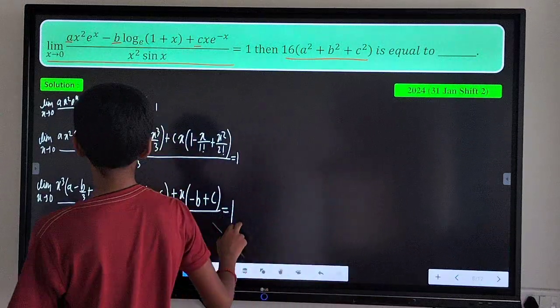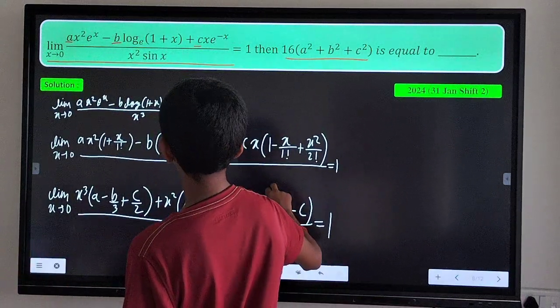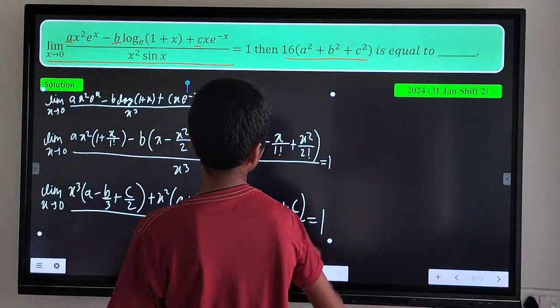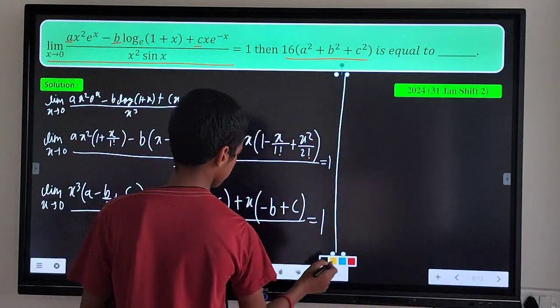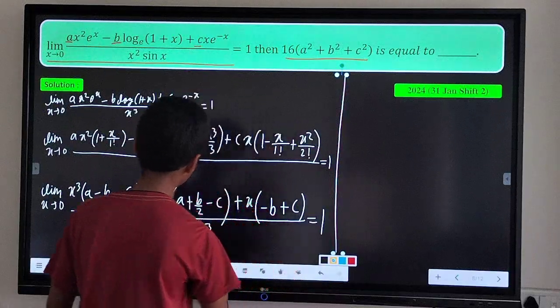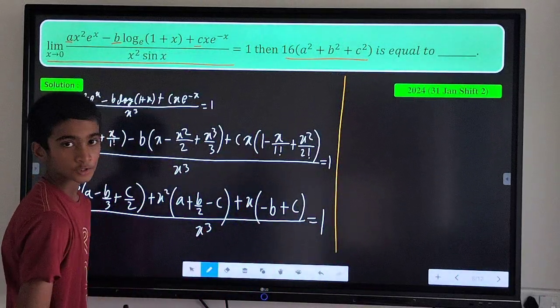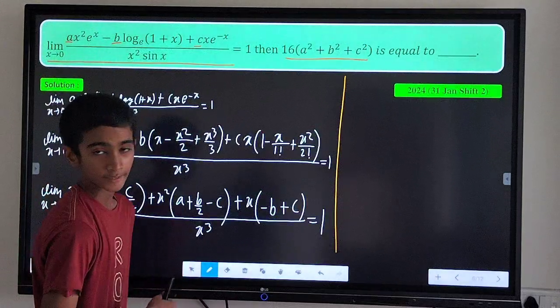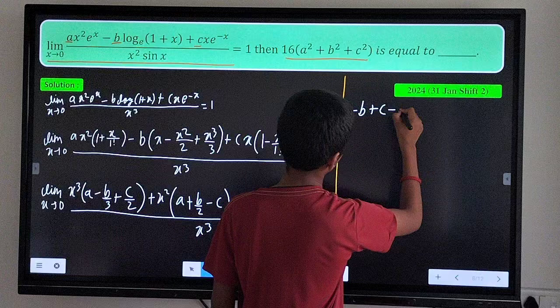Now our x term should be equal to 0 because otherwise our limit will not exist. So we will get minus b plus c is equal to 0.